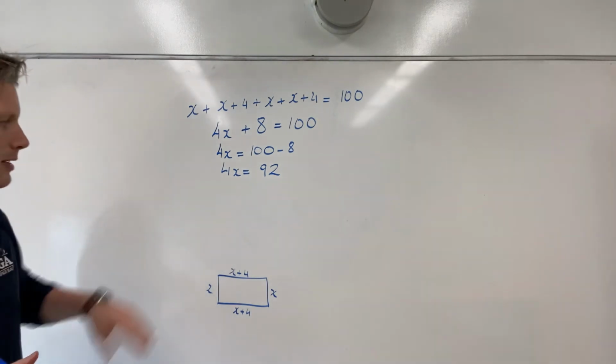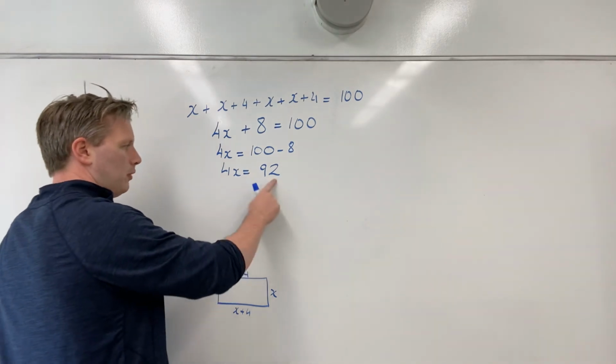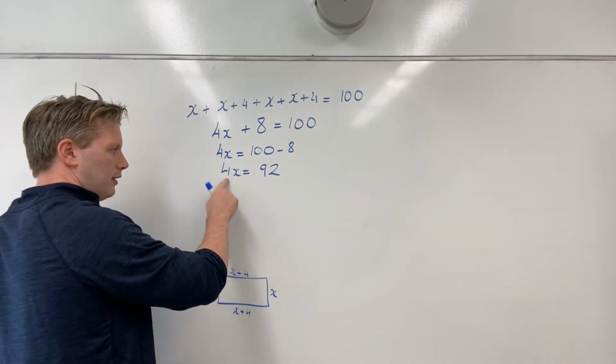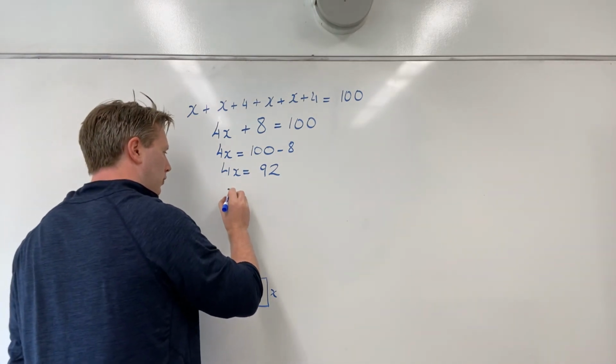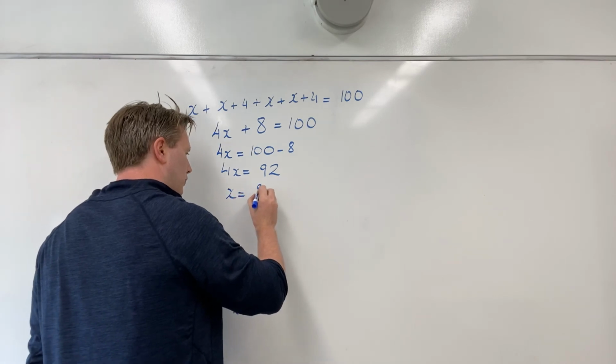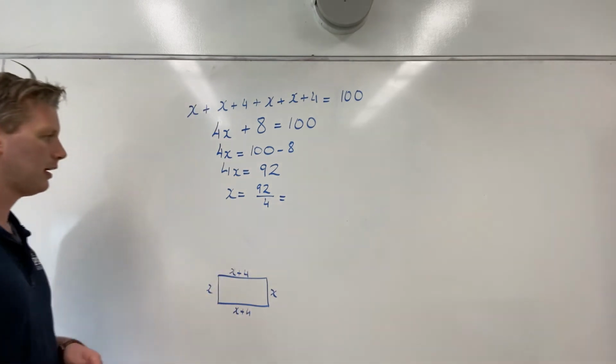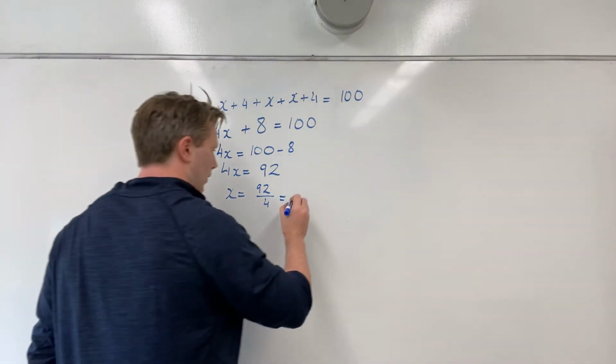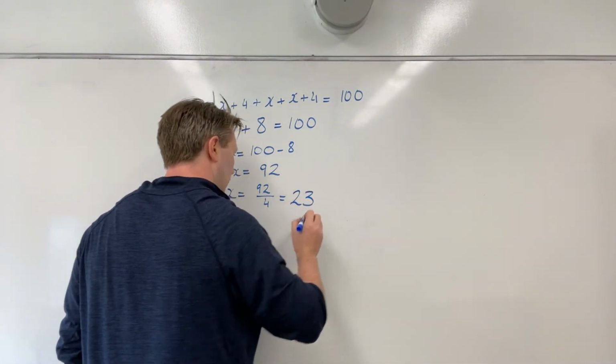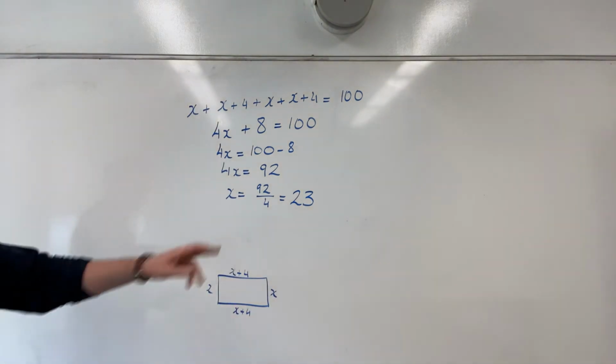In order to get x by itself, I'm going to divide both sides by 4. If I divide 4x by 4, I'm left with x is equal to 92 divided by 4, and if I'm not mistaken, that is 23. So x is equal to 23.